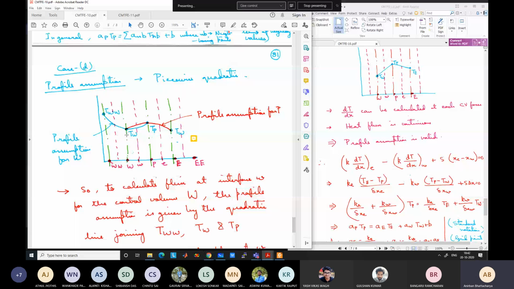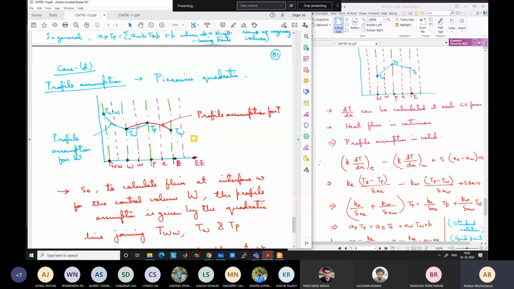So in many cases, it will still give the correct result. In what case will it give the correct result? It is seen that it gives the correct result when all these control volumes are of the same length, and the interfaces are midway between the grid points. In that case, fortunately, the slope of this red line and blue line become equal.